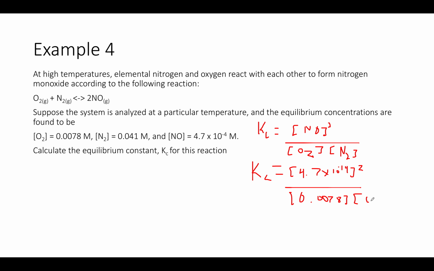So it's just plugging in what you know into the equilibrium law. So when you do this division, you're squaring your concentration of nitrogen monoxide and dividing that by the concentration of oxygen gas and the concentration of nitrogen gas, and you get the equilibrium constant, Kc, to be 6.9 times 10 to the negative fourth.